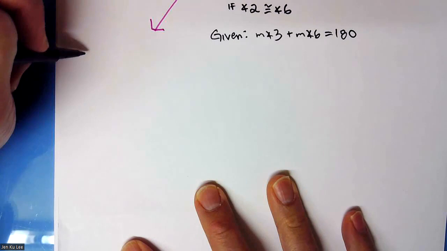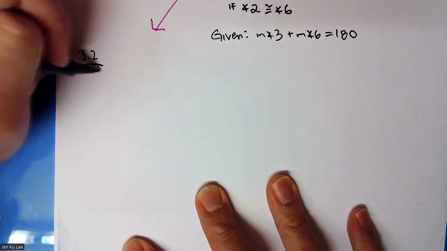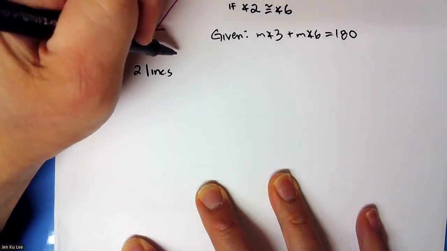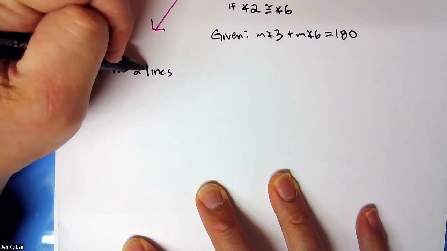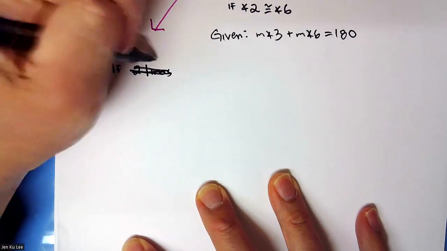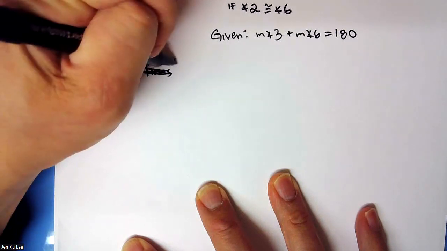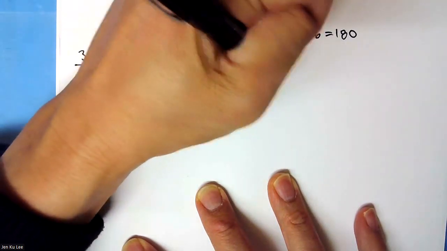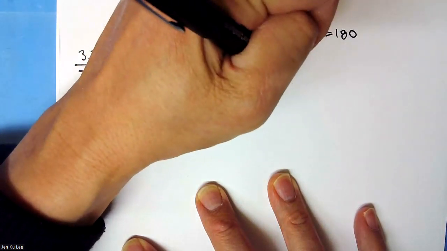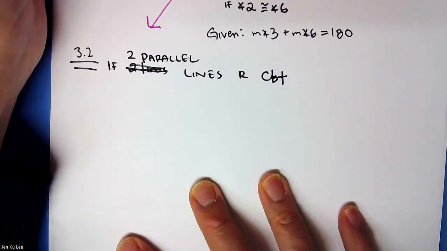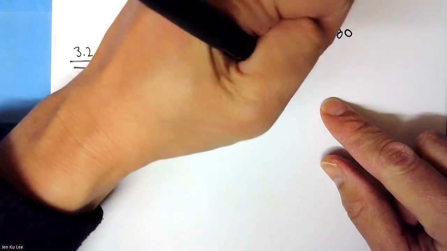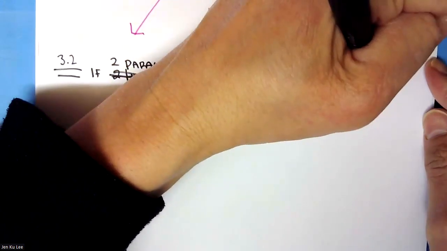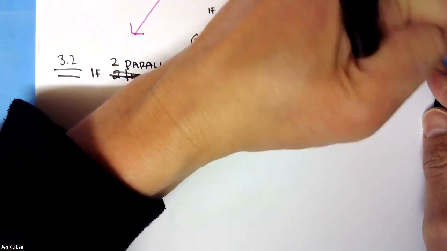Our 3.2 thinking was, if two parallel lines are cut by a transversal, remember CBT is cut by transversal, then I know that the 5 angle relationships exist.